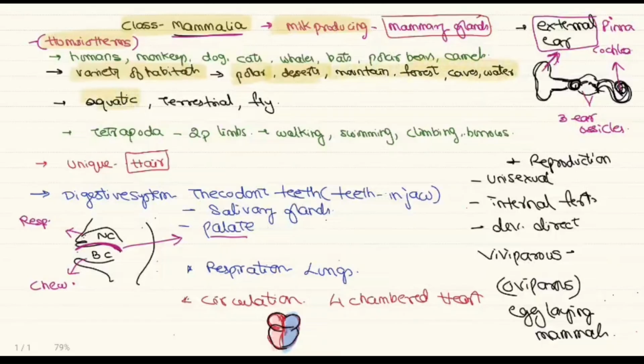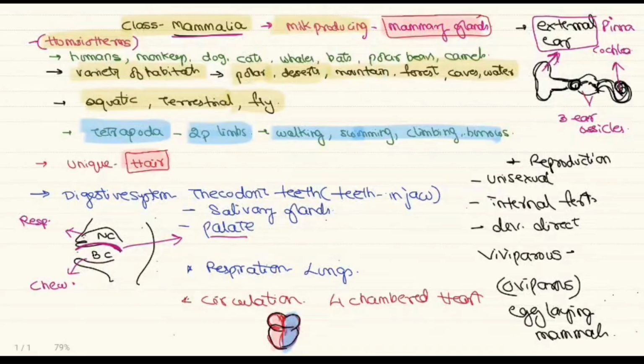We can find them on mountains, forests, caves, inside the deep waters, etc. Animals are aquatic as well as terrestrial. Some can burrow and some can even fly. We call them tetrapoda as two pairs of limbs are present. The use of the limbs can be walking, swimming, burrowing, climbing, and so on.